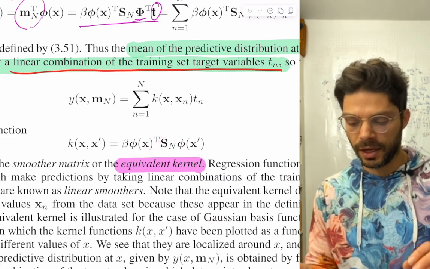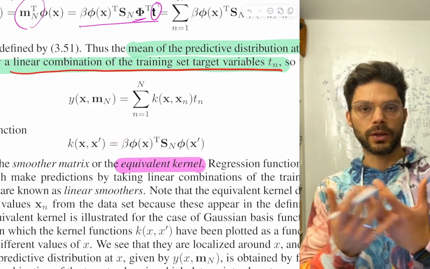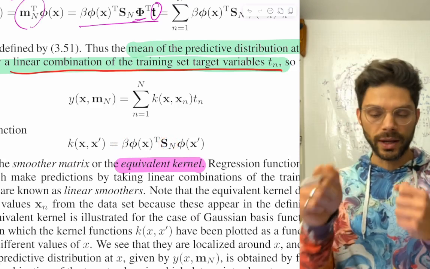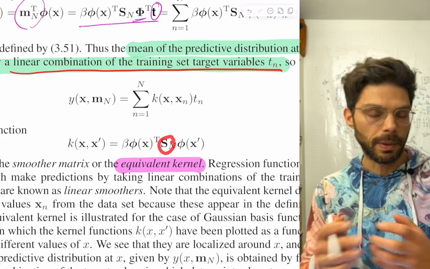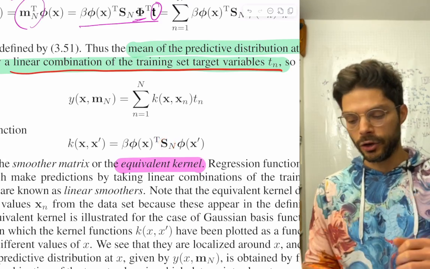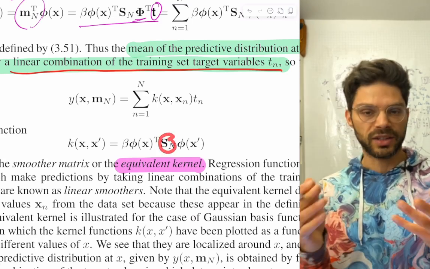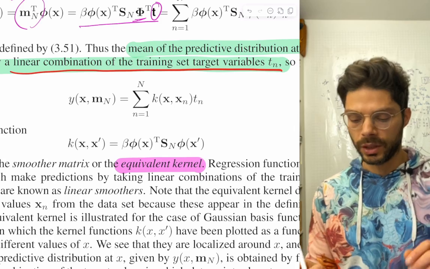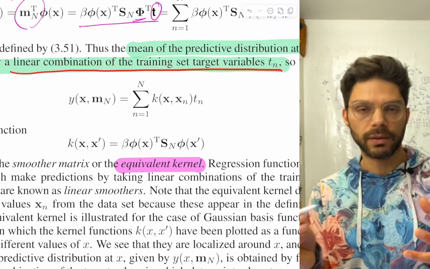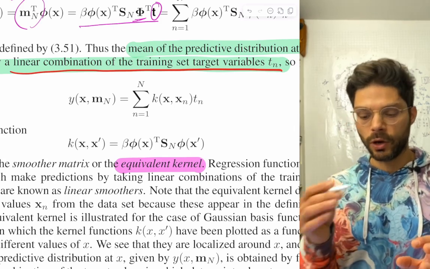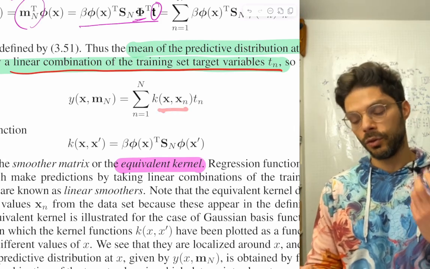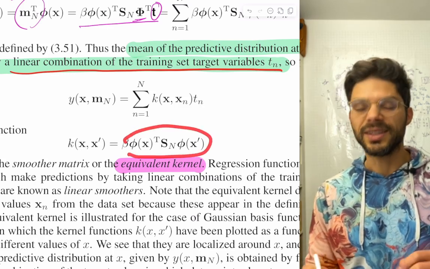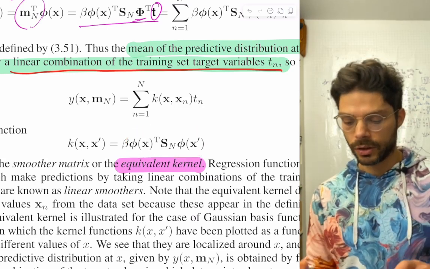You can think of this as a distance. You're doing a dot product between two things, but there's a particular weighting that you apply that depends on your basis function. You can go back and see what the form for that is. But effectively, it's the same idea that we had intuitively, right? You're going to weight the contribution of each of your training points by the distance to that point from the point you're interested in. And that distance is essentially related to the overlap of your features.